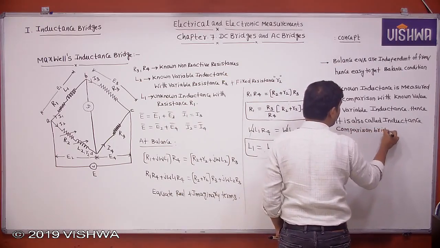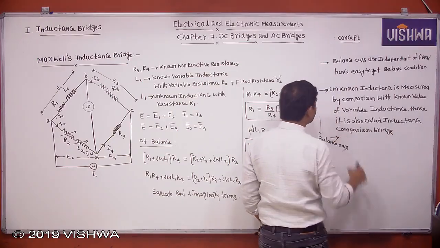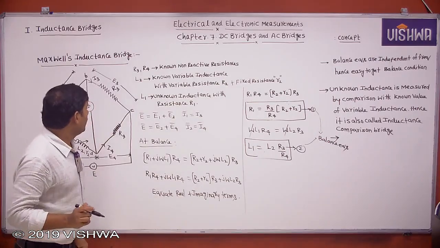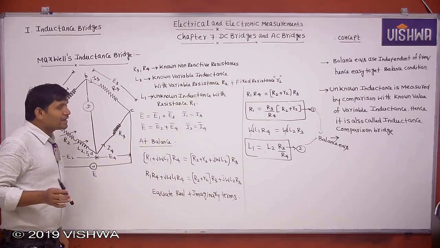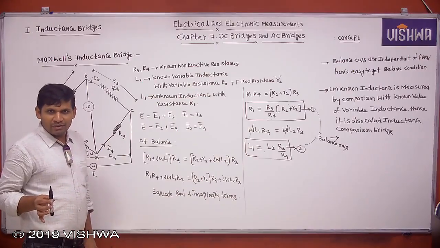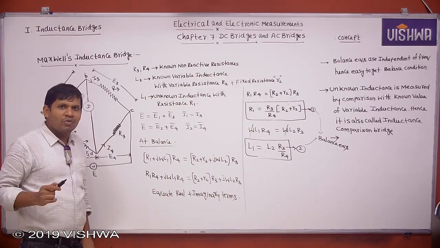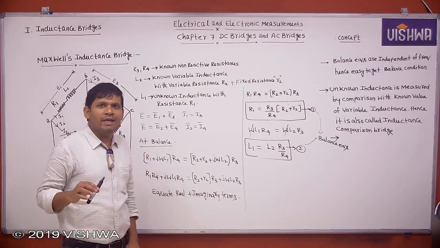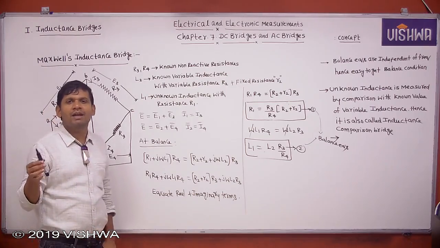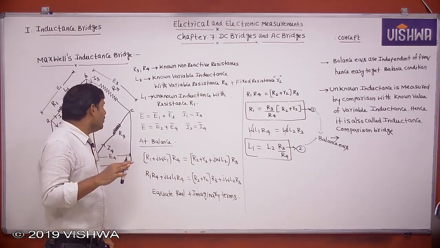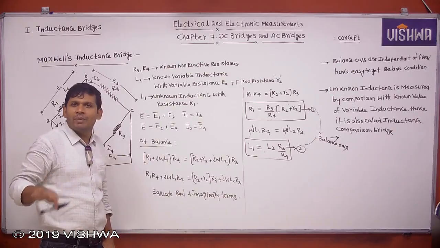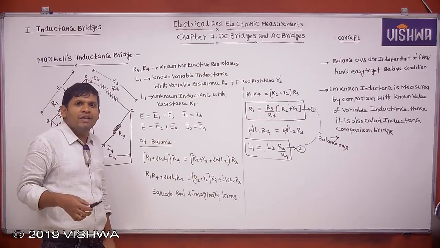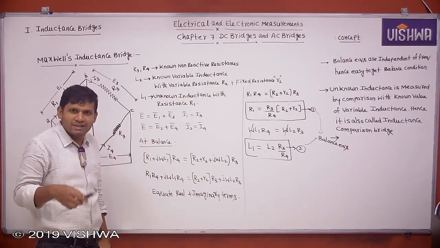See one more point, very important to answer theory questions. Sometimes the question asks which of the following bridges is high cost and which is less cost. How do we decide whether a given bridge is costly or less costly? In any bridge, if there is a variable capacitor, then that bridge is costly. If there is no variable capacitor, that bridge is less cost.